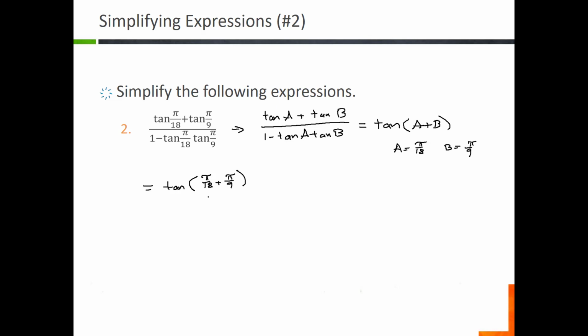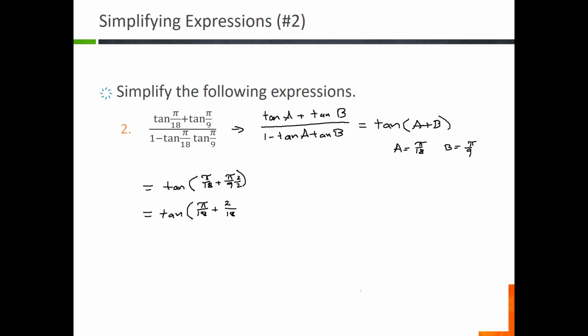Now, that doesn't come out to obviously be something that we can compute real quick. So let's try and simplify these fractions. To add two fractions, we're going to need a common denominator, and pi over 18 can stay the same. 18 is going to be our common denominator. So if I need an 18 for the pi over 9, that means I have to multiply the top and bottom by 2.